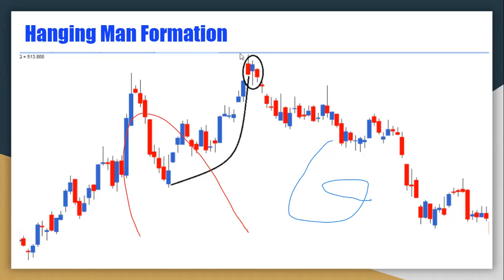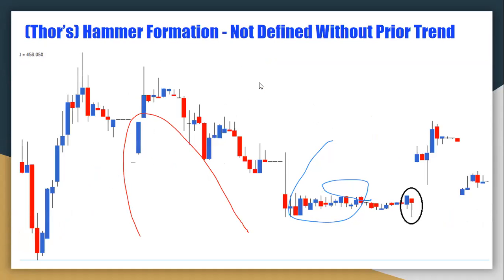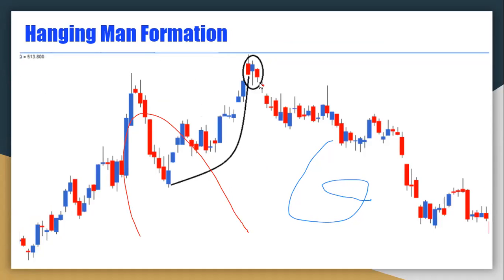So this hanging man indicates a trend reversal, just like a Thor's hammer. It is exactly the opposite logic. So again, this hanging man formation is followed by a trend reversal.